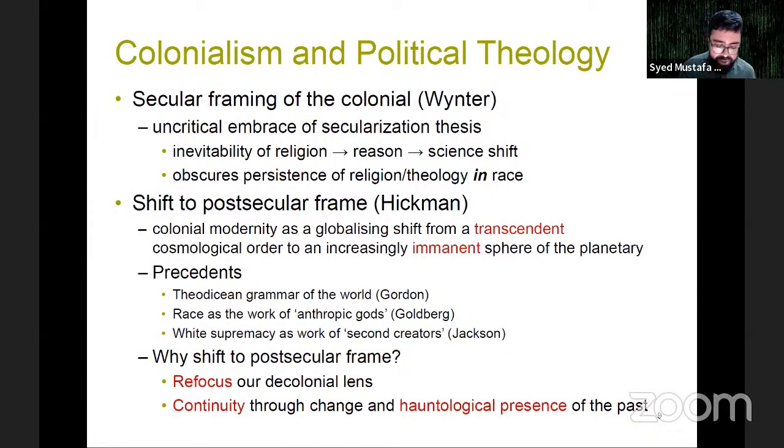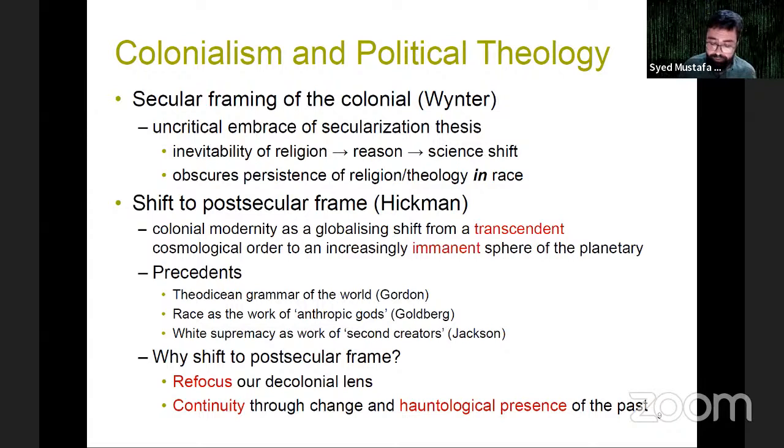On this basis, and with a view to correcting the secularist tendency within decolonial theory, in which the world is framed in de-godded terms, thereby obscuring the theological nature of race as a persistent phenomenon, rather than as a mere phase within the history of racialization, I argue for the need to adopt a position along the post-secular lines offered by Jed Hickman.